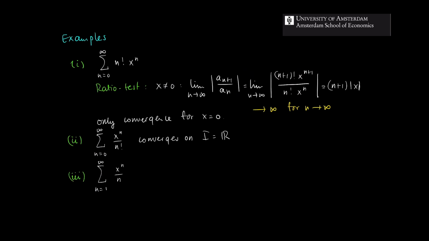Well, this one we also considered using the ratio test, and we concluded, by discussing two special points, -1 and 1, that this one is convergent on the left closed interval -1, right open 1. So in this case, we would say that the radius of convergence is 1.